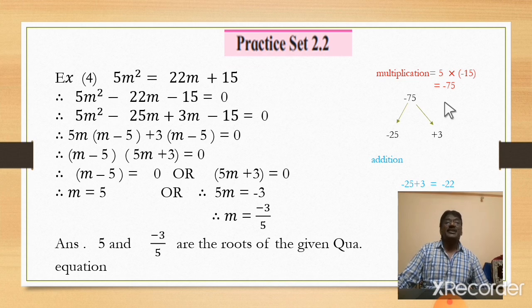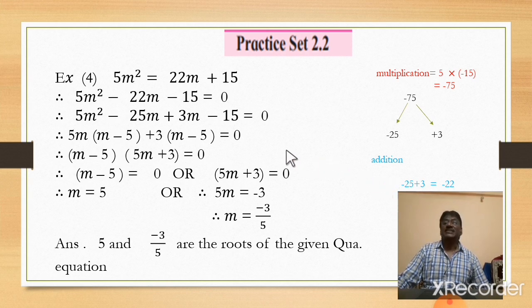Now we have to find two numbers such that their multiplication is minus 75 and addition is minus 22, and we find that the two numbers are minus 25 and plus 3. These are the two numbers whose multiplication is minus 75 and addition is minus 22.